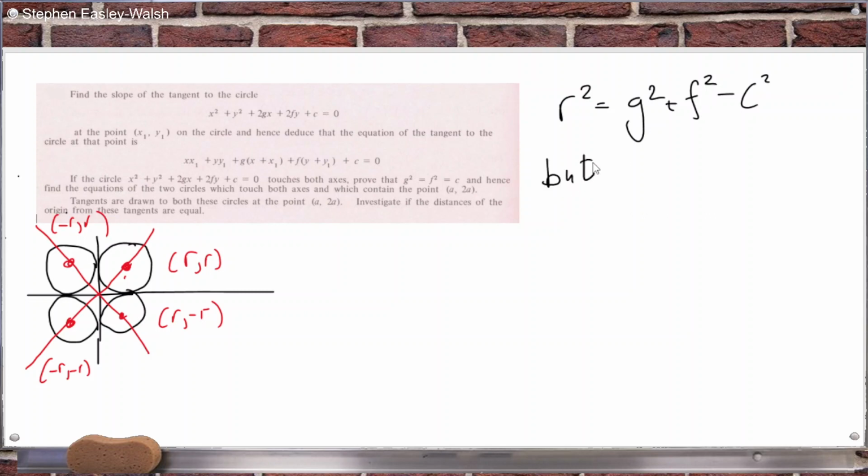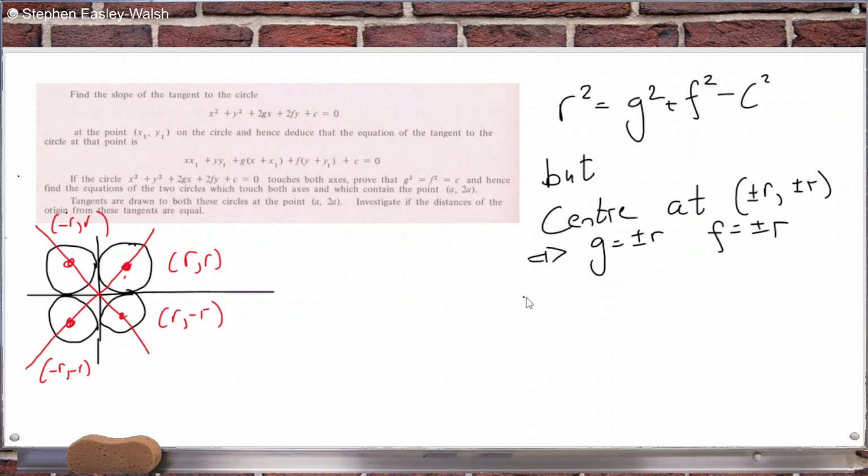But the center is at plus or minus r, so actually this does help. That means g has to equal plus or minus r and f has to equal plus or minus r, which means g squared equals r squared and f squared equals r squared, which means g squared equals f squared. So I've shown that. Now I need to show that that's the same as c though.